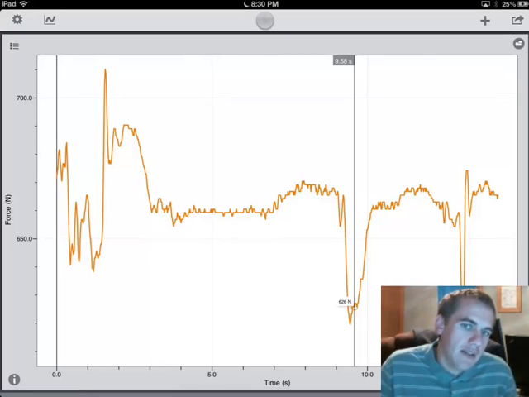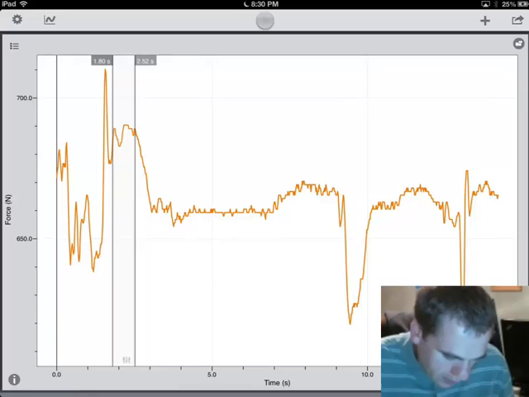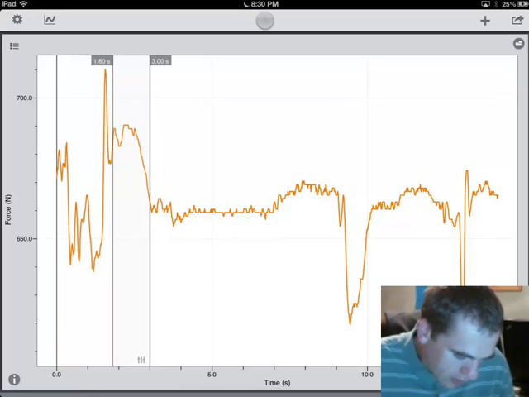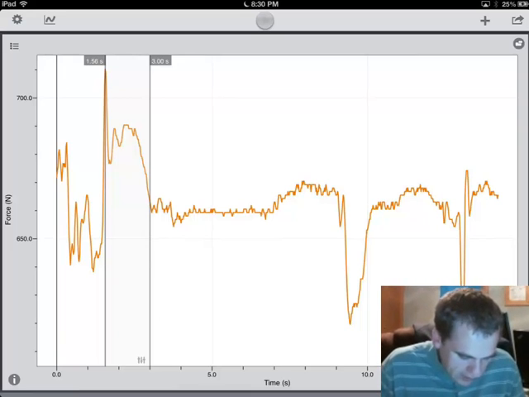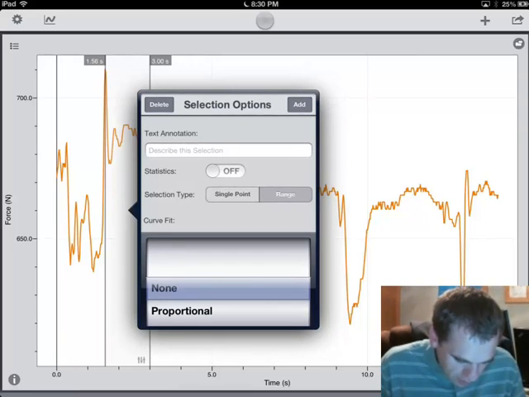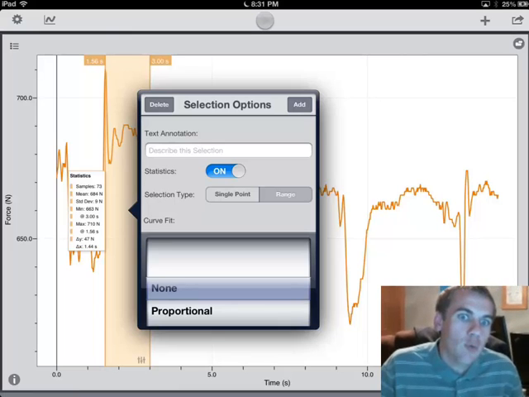And so the question says, can we figure out how fast this constant speed is? And we actually can, because if we take a look at this time interval from here to here about, that's where the elevator starts to accelerate and move up. And if we look at that, we can find the average acceleration. So I'm going to turn on statistics, and it tells me the change in x, which is the time, right here, and also the mean value, which is right here.